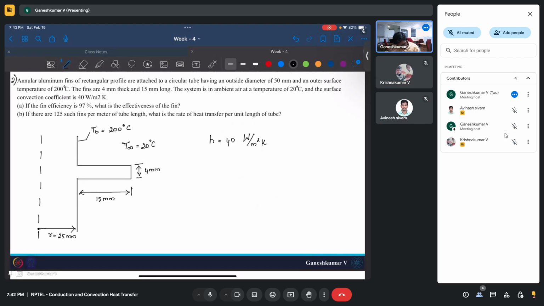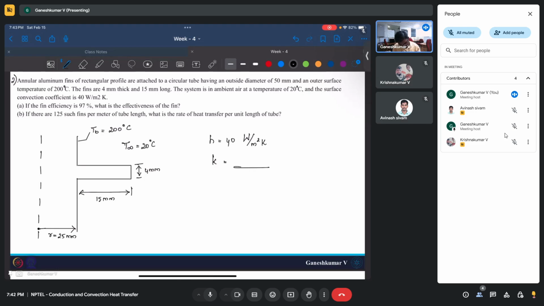It's an aluminum fin. So I think they forgot to give K. It's going to be the same as previous. We may not need the outside diameter, outer surface. All right, I think everything is covered.